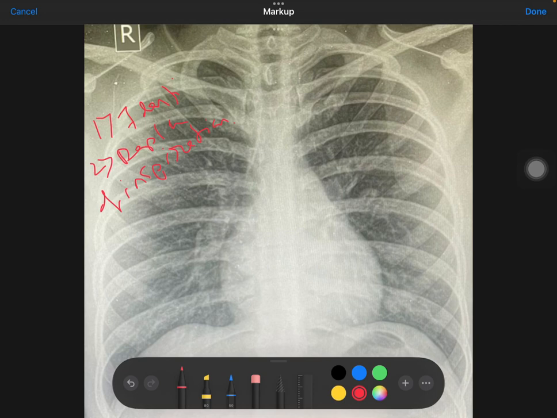There should be at least 6 anterior ribs on the left side. It should not be less than 6. It has to be either 6 or more. Now, let's count on the left side: 1, 2, 3, 4, 5, 6, 7. So there are 7 anterior ribs on the left side, so in this X-ray the depth of inspiration is adequate.